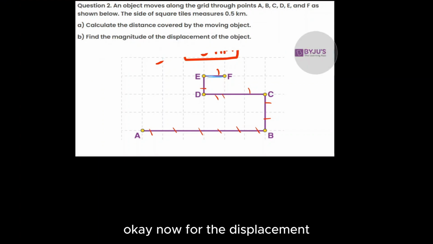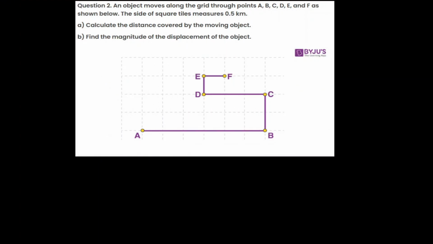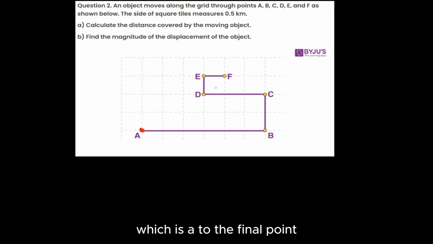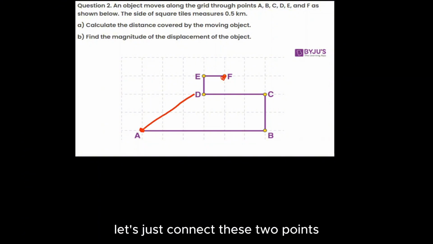Okay, now for the displacement. How to get the displacement? Okay, so for the displacement, it needs the displacement from the initial point, which is A, to the final point, which is F. So let's just connect these 2 points and draw a projection right here.